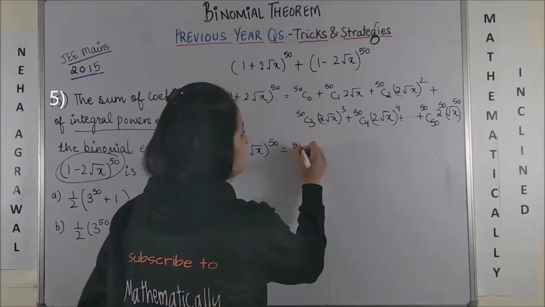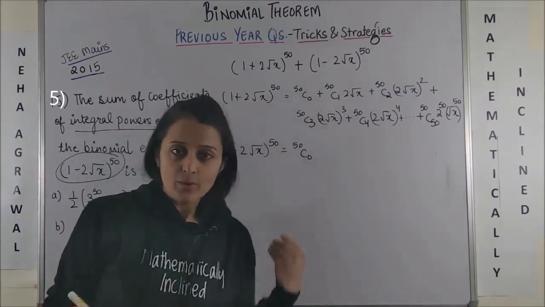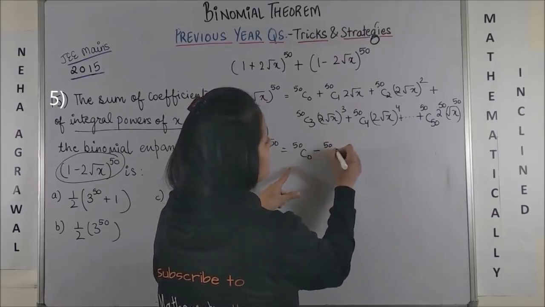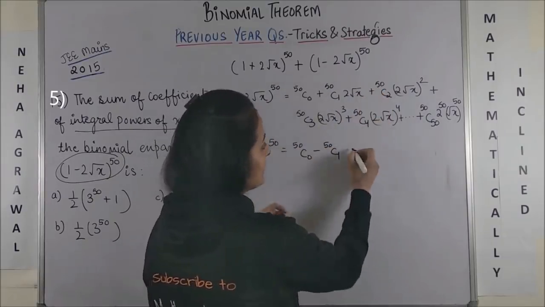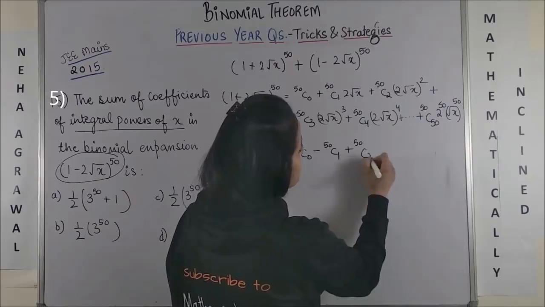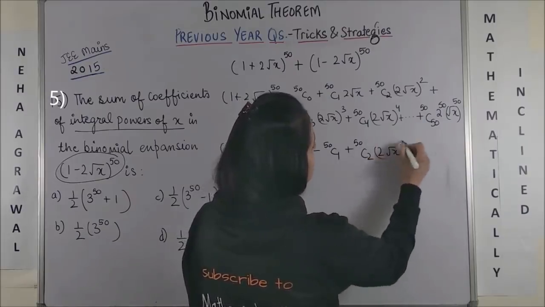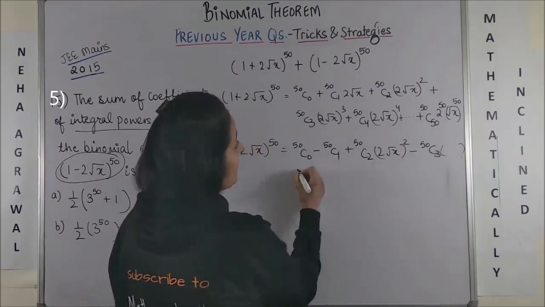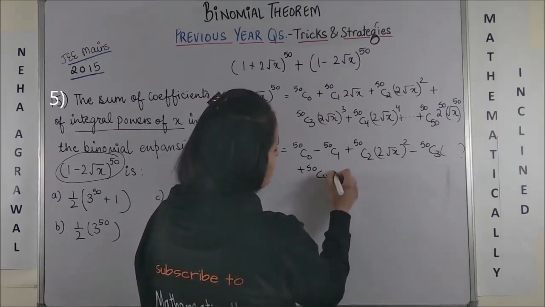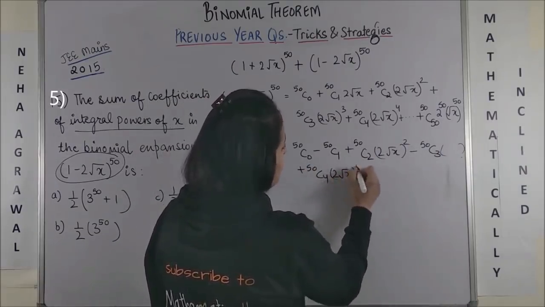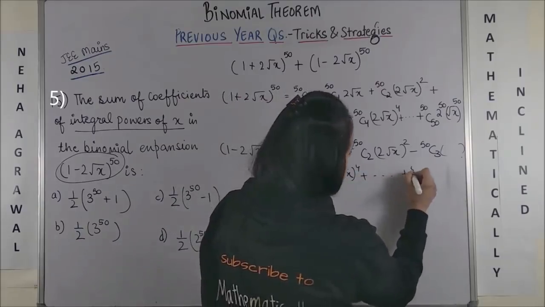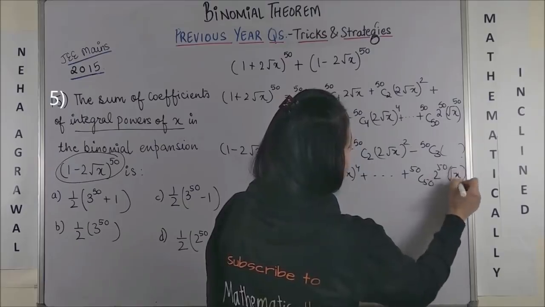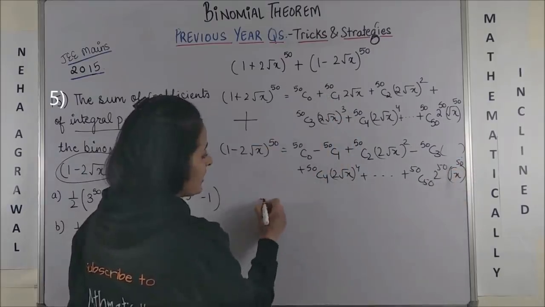Alright, now when I write the ones with the negative sign, just like we discussed in one of the previous questions, 50C0, the next one would be minus 50C1, so I'm not writing everything, plus 50C2, this portion, minus 50C3, again I'm not writing the expression, plus 50C4 (2√x) raised to power 4, plus the last term. Now, why are we adding?